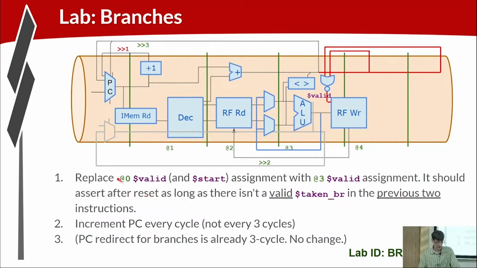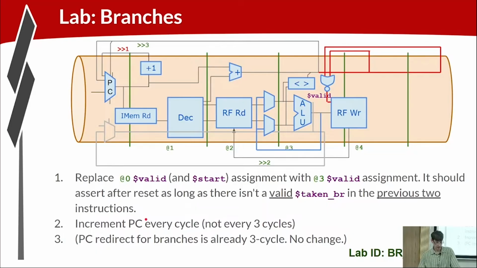Okay, so this old code that we had for valid and start, you can remove and create a new assignment for valid to take its place. It's going to assert as long as there is not a valid taken branch in either of the previous two, either of the two instructions ahead of us.